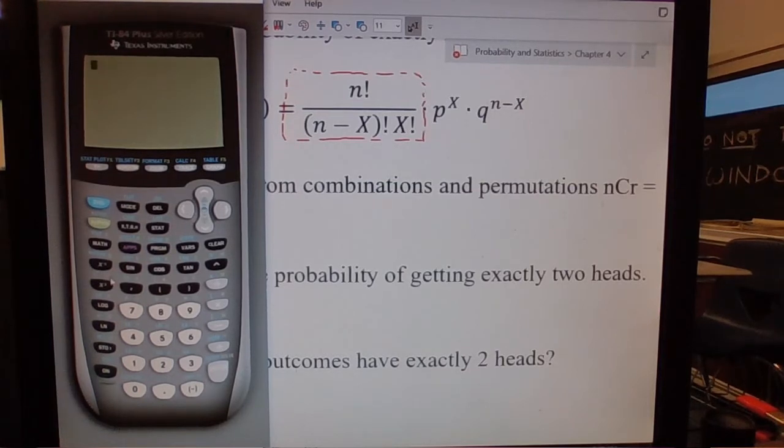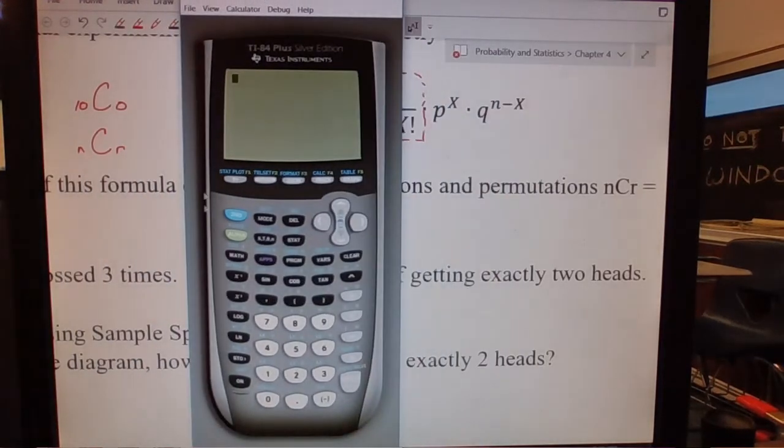On your TI-84, it's kind of goofy, and if you've got the newer colored TI, you might be able to change this a little bit, but I'm going to show you a couple of different ways of doing this per the operating system that you have.